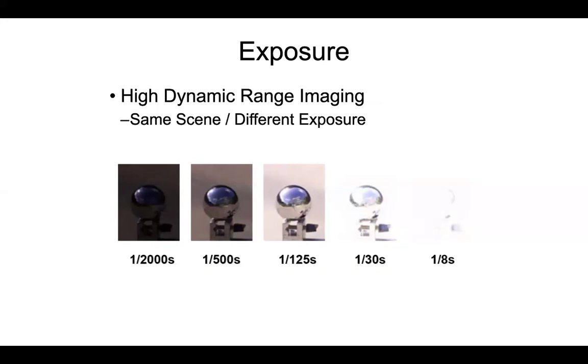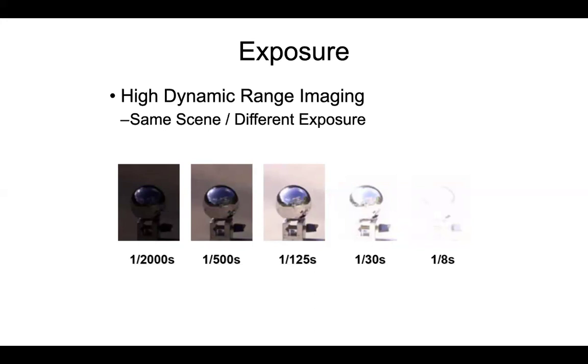And so then we have the concept of high dynamic range image. Basically, you have the same scene with different exposures. And you have this in your phone, right? Compute HDR, right? Basically, it takes a lot of pictures with different exposures. And then here you can see the highlight very clearly.